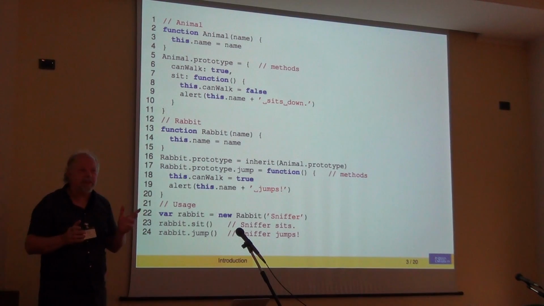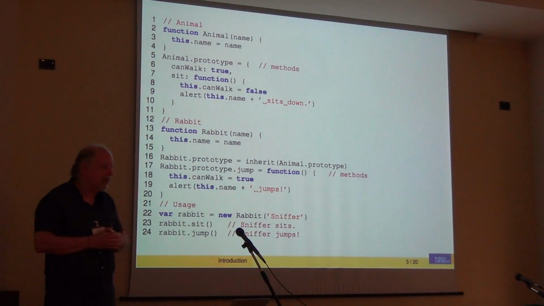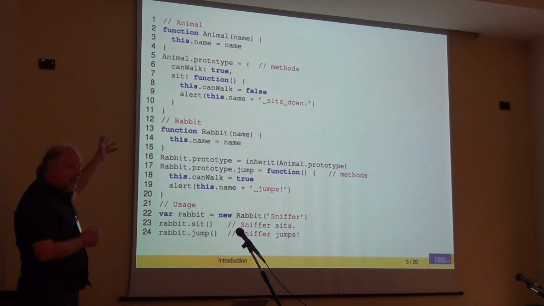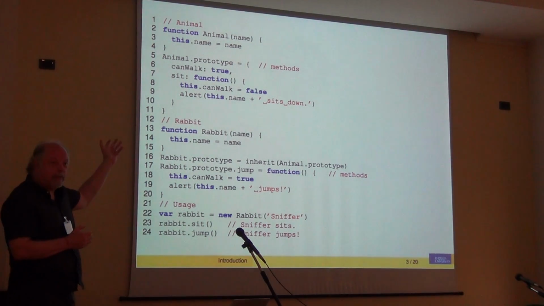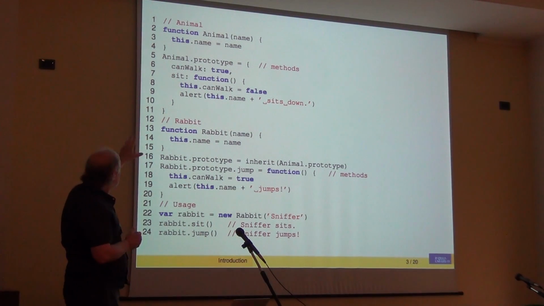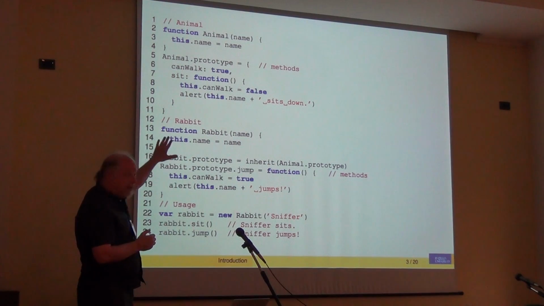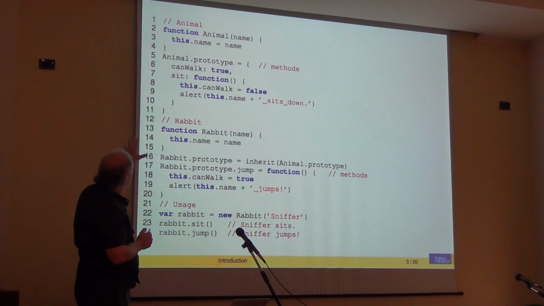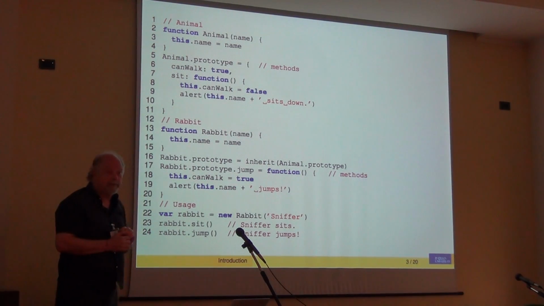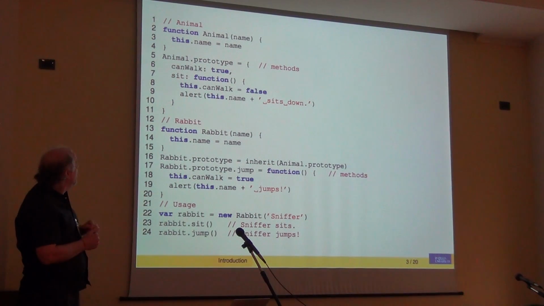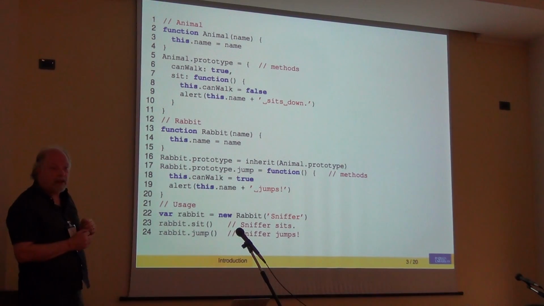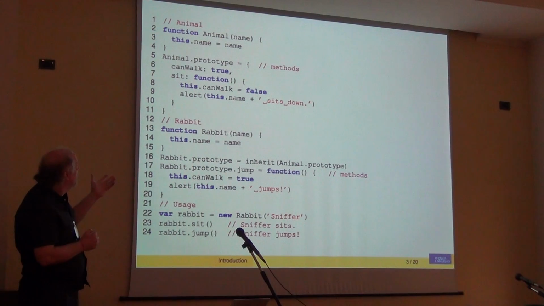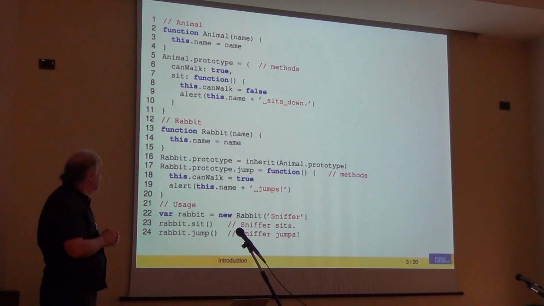So functions in JavaScript can have fields just like anything else can. So this sets the animal prototype to have two fields. One is a Boolean, can walk, and one is a function called sit. Okay, and sit just changes can walk to be false and throws up a prompt.